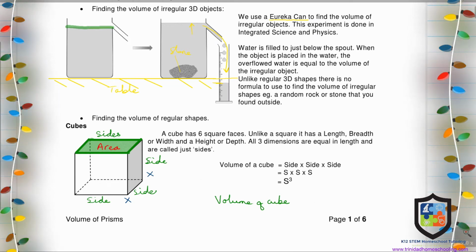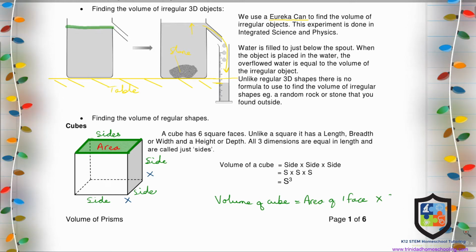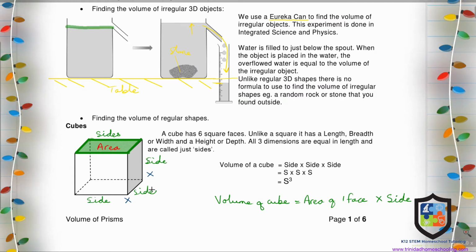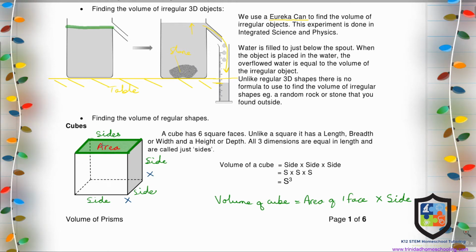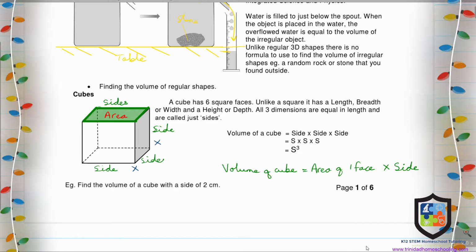So the volume of a cube could also be the area of one face multiplied by the side. Now all the sides are the same length. Remember, this is a cube, so any one of these sides you could multiply by. So this is another way that you could find the volume of a cube, by multiplying the area by one of the sides.